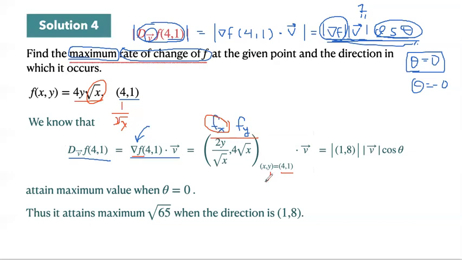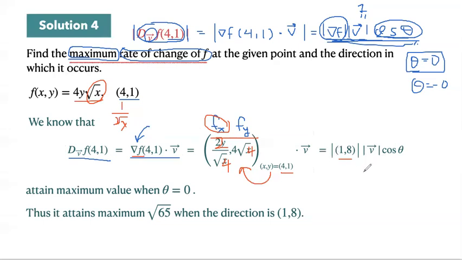So if we put x equal to 4 and y equal to 1 here, then we get 2 over 2, yes, and we get 4 times 2, so it is 1,8, right?